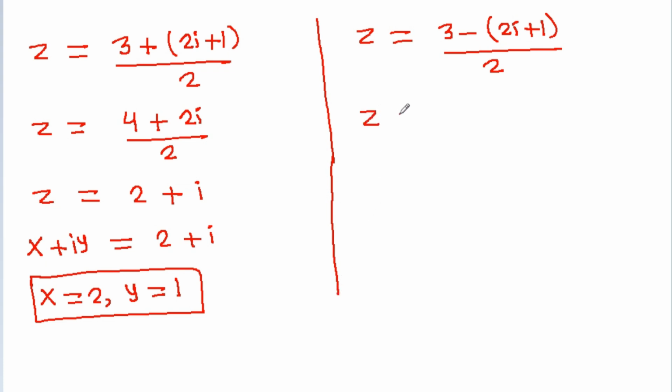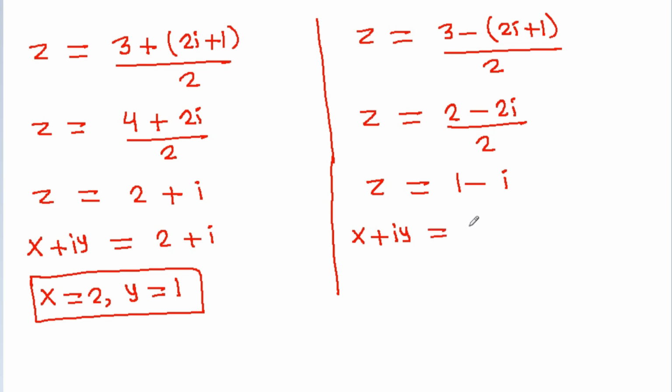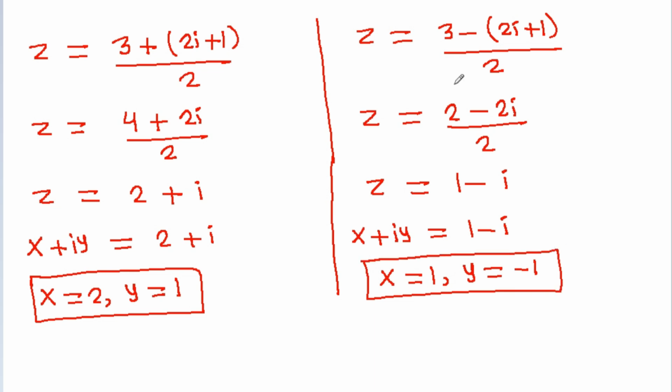And here z is equal to 3 minus 1 is 2 minus 2 iota, by 2. So z is equal to 1 minus iota, and z is equal to x plus iota y, that is 1 minus iota. So x is equal to 1 and y is equal to minus 1. So we get (x, y) equal to (2, 1) and (1, minus 1).